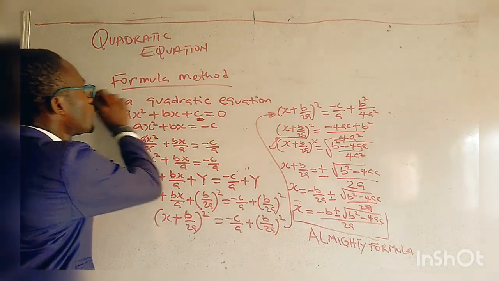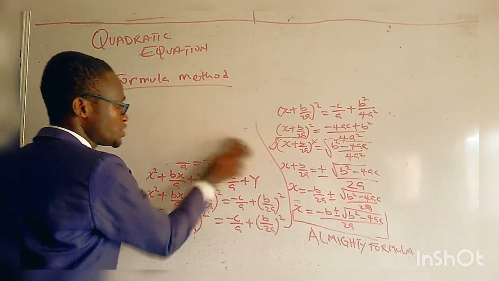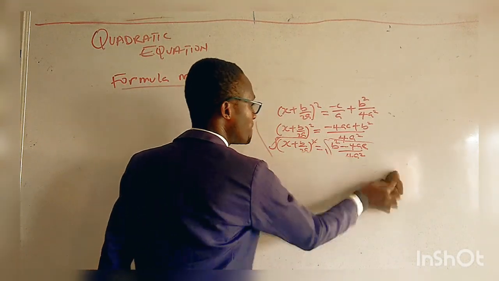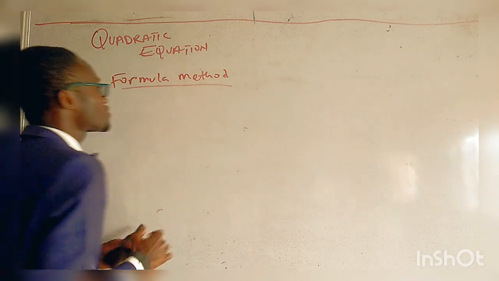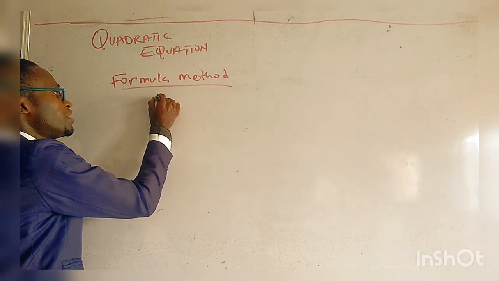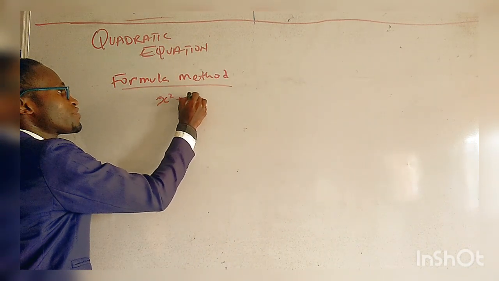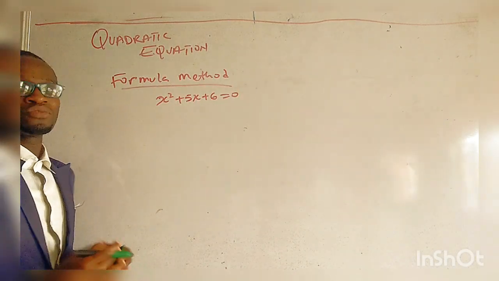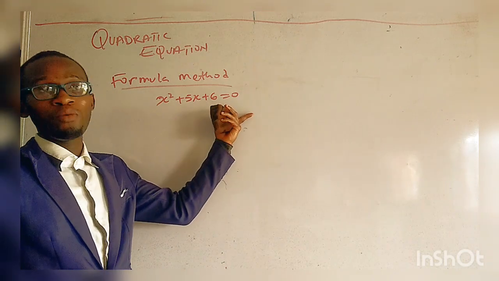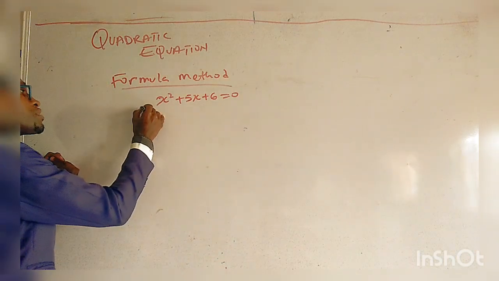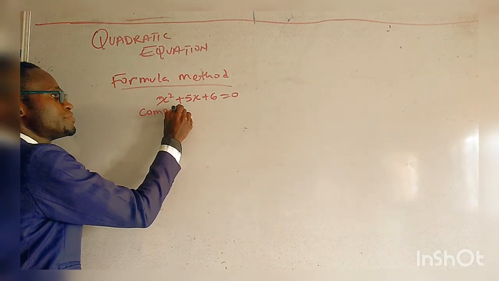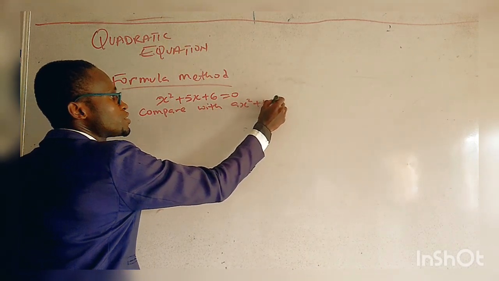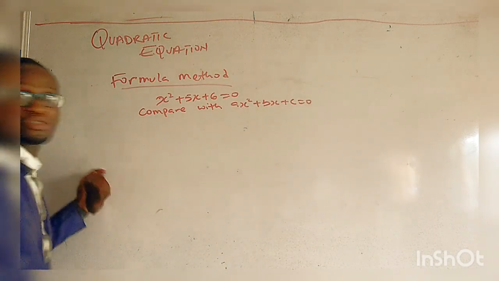For example, we are asked to solve this equation: x squared plus 5x plus 6 equals 0. Solving this equation by the almighty formula, what we have to do is compare with ax squared plus bx plus c equals 0.